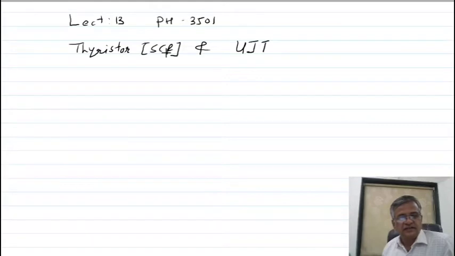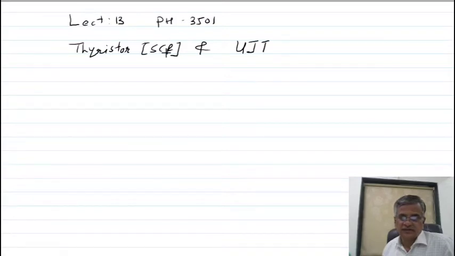Thyristor is a solid state device which has more than 2, 3, 4 PN junctions. Sometimes a solid state device having 2 PN junctions is also known as a thyristor.